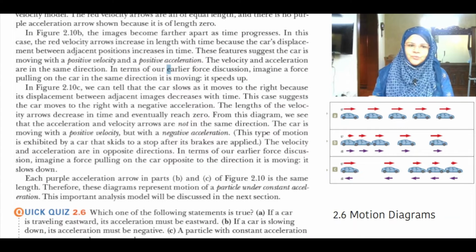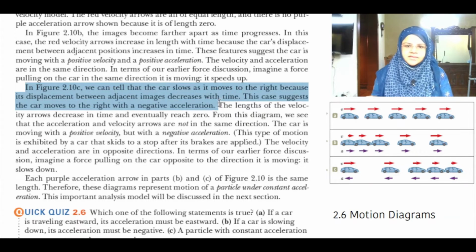In figure 2.10c, we can tell that the car slows as it moves to the right because its displacement between adjacent images decreases with time. This case suggests the car moves to the right with negative acceleration. The length of the velocity arrow decreases in time and eventually reaches 0. From this diagram, we see that the acceleration and the velocity arrow are not in the same direction.